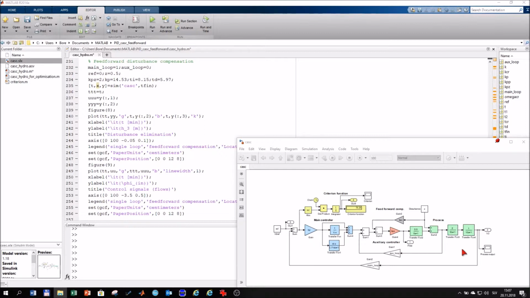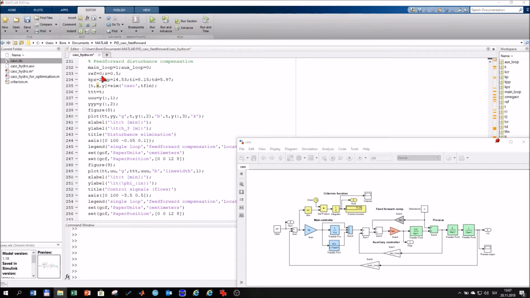In this experiment, we do not use the auxiliary controller, which is intended for the later cascade control. So this auxiliary loop is set to 0, and the auxiliary gain of the controller KPP equals 1. So these are the basic parameters.